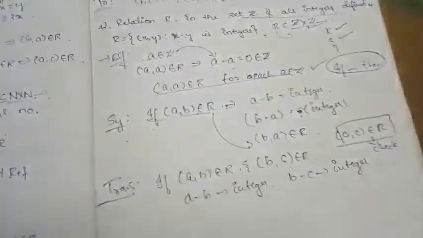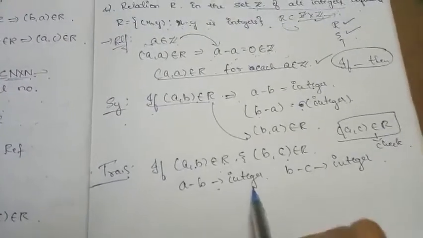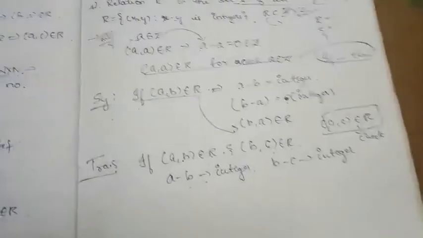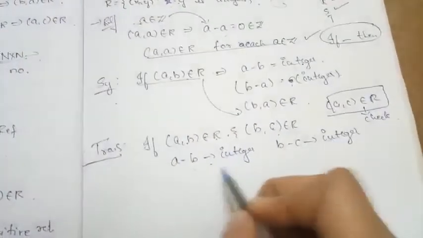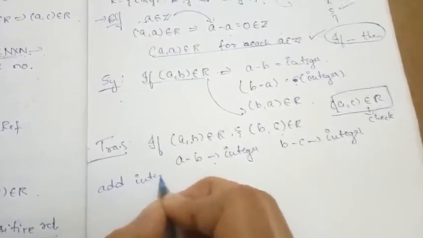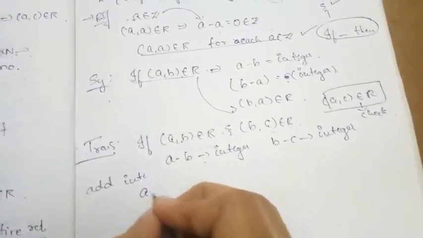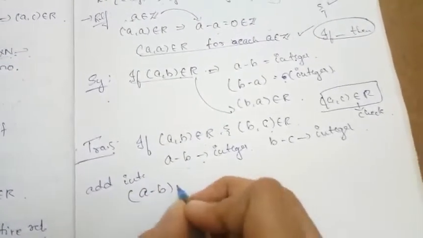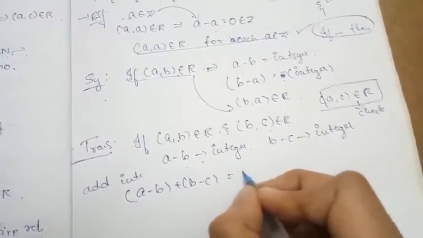So how do we check this? If (a, b) belongs to R, a minus b is an integer; (b, c) belongs to R means b minus c is an integer. Now if both are integers, we can add them, and if we add integers we get an integer itself. So a minus b plus b minus c: adding two integers, what do I get?